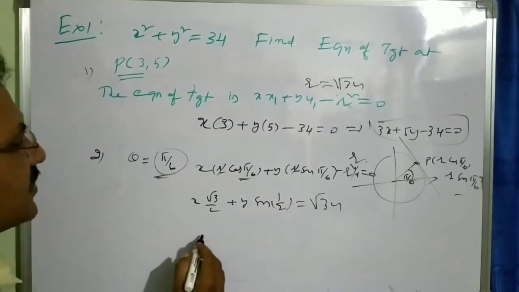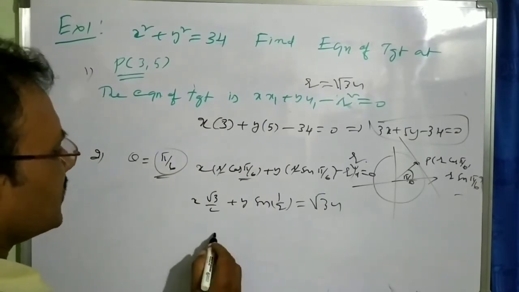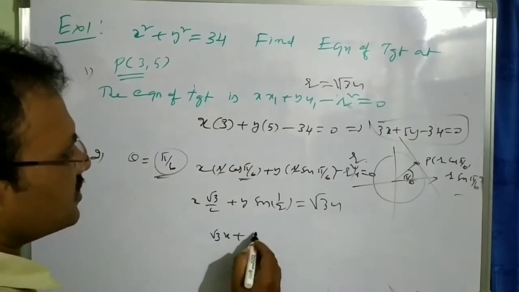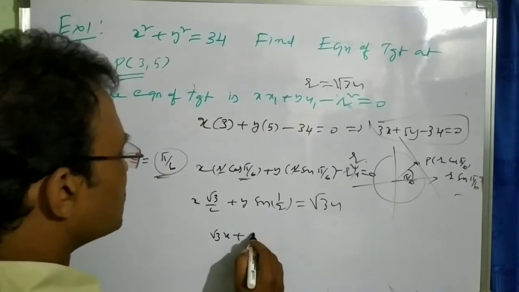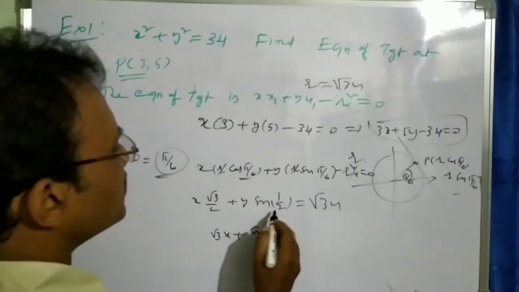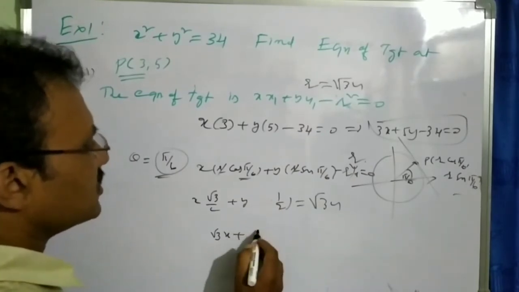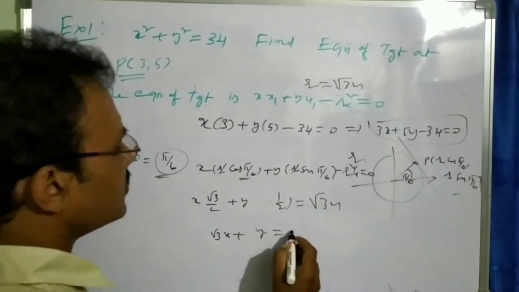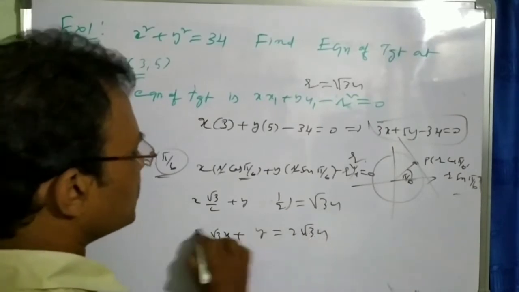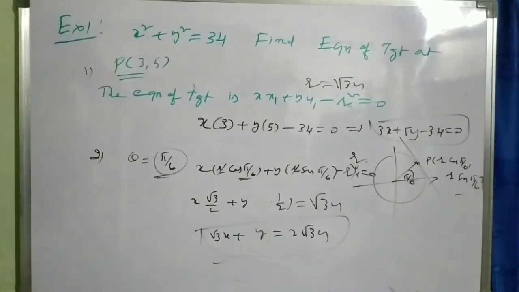By simplifying you will get root 3x plus y is equal to 2 into root 34. That is the required tangent equation at that point.